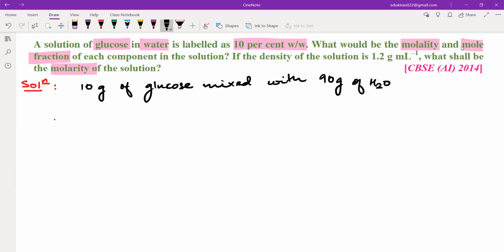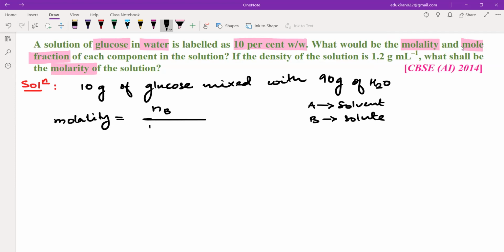Now, you have to calculate the molality. So what is molality? Molality will be equal to the number of moles of solute divided by the mass of solvent in kg. Whenever I write B, B is for solute, and A I write for solvent. So number of moles of B, that is glucose, will be equal to the given mass of glucose divided by the molar mass of glucose.